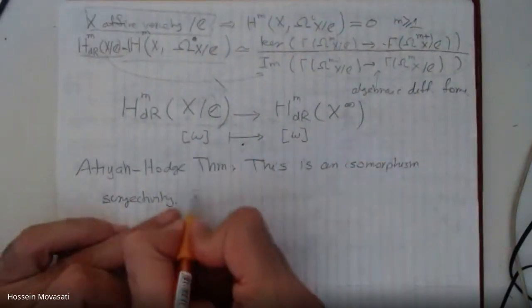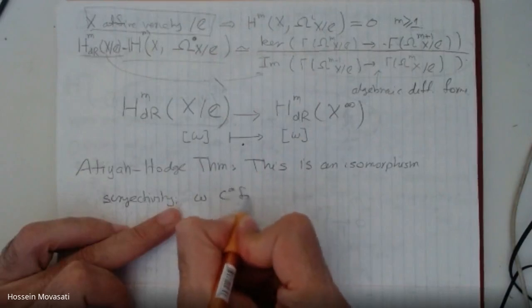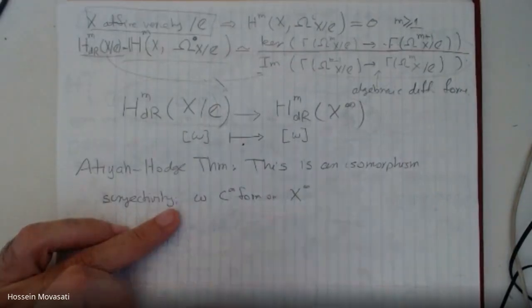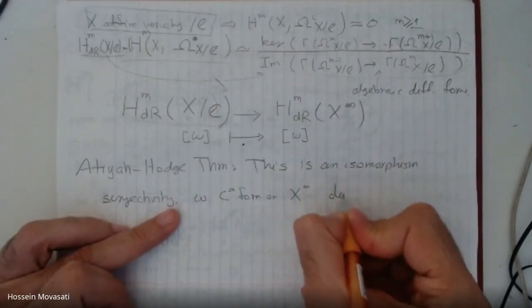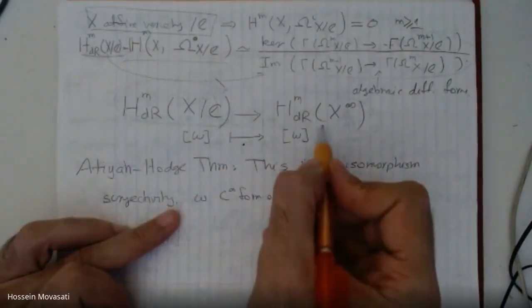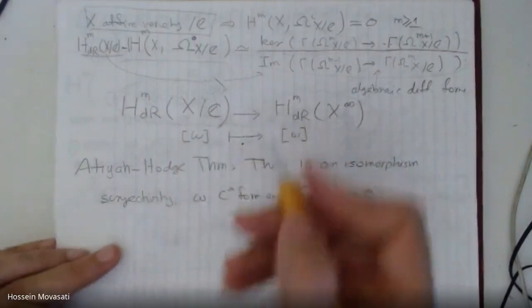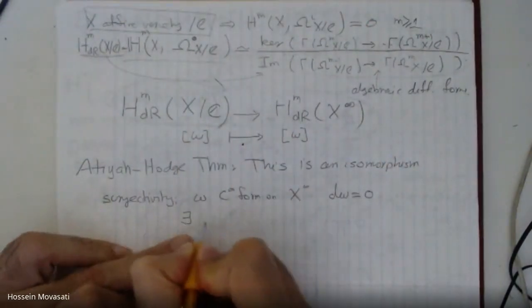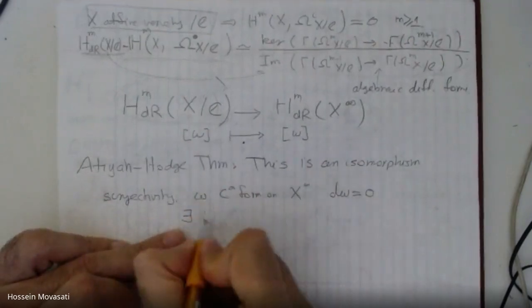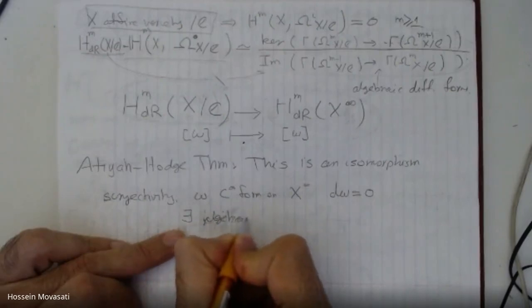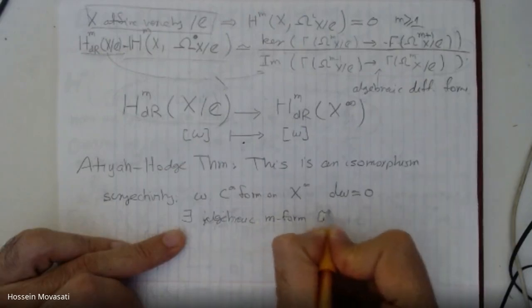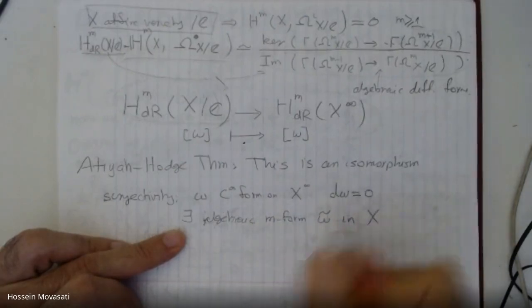This means that omega must come from here. So there exists an algebraic m-form, let's say omega tilde, on X.